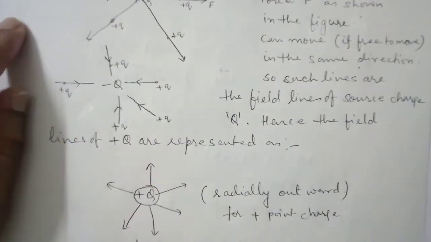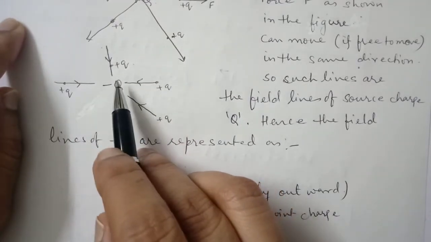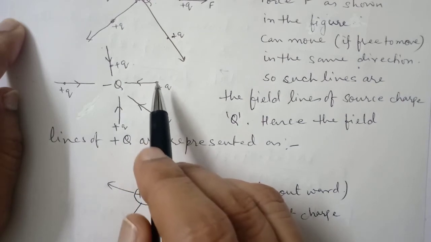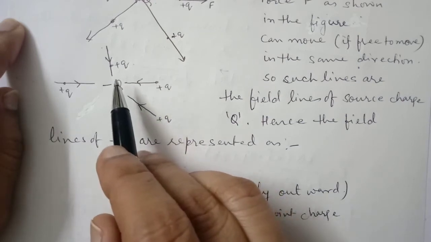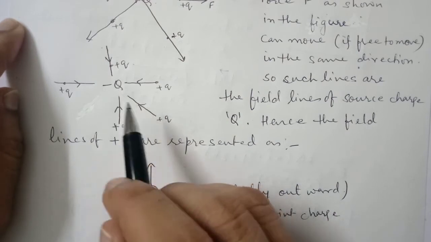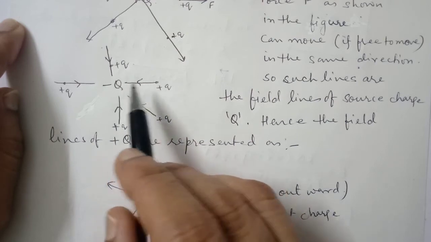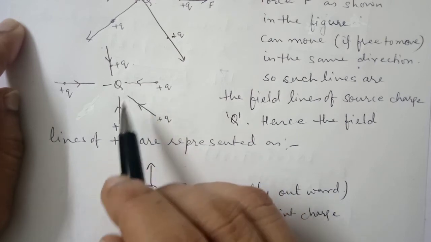Similarly, if it is a negative charge, I bring a positive charge over here, it will get attracted towards it. The force experienced by this charge will be in this direction. If I put the Q charge here, it experiences a force like this, because we know as per Coulomb's law, the force is along the line joining the two point charges.